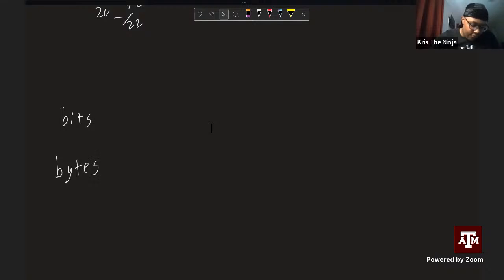So a byte is 8 bits grouped together. Then you have half words.